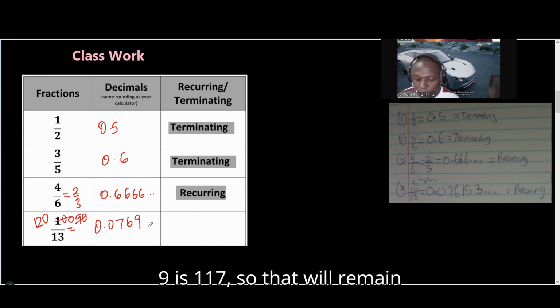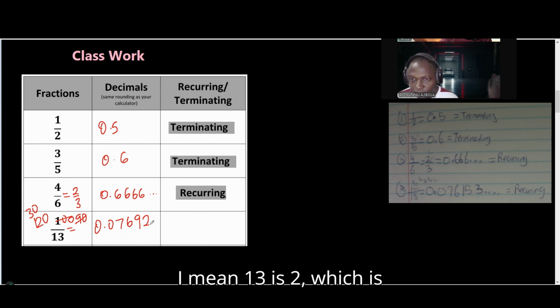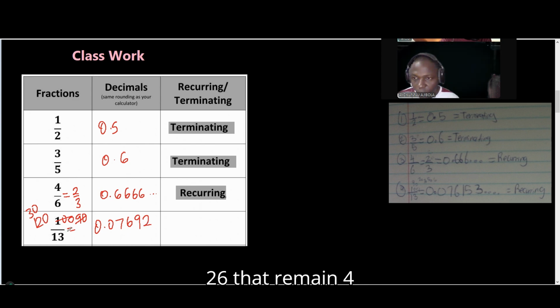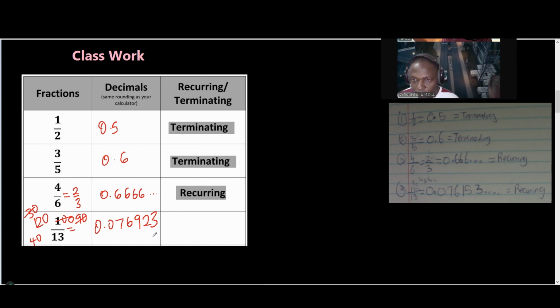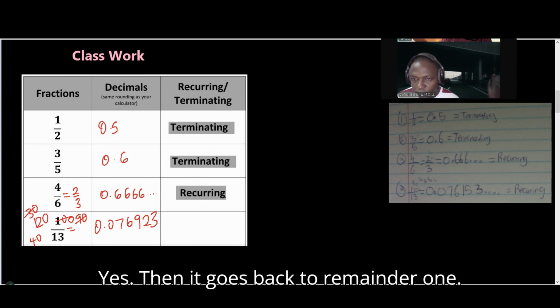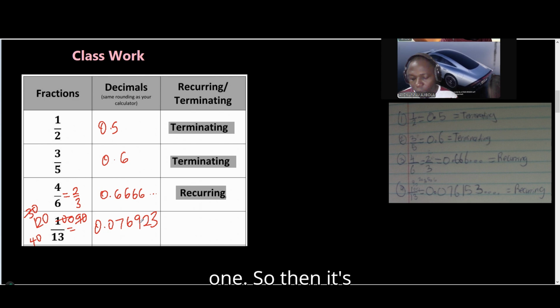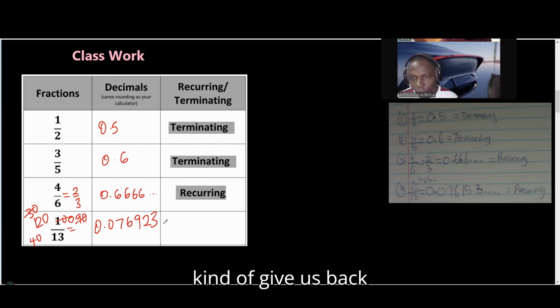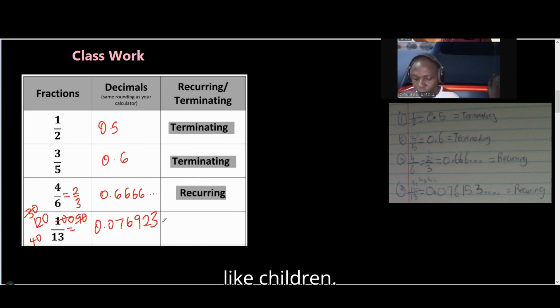And 13 times 9 is 117, so that will remain 3. So in 30, I mean 13 times 2, which is 26, that will remain 4. In 40, I mean 13, that's 3, right? Then it goes back to remainder 1.